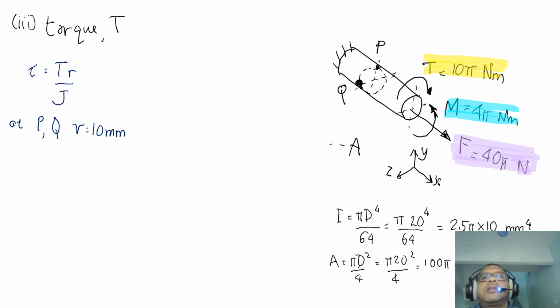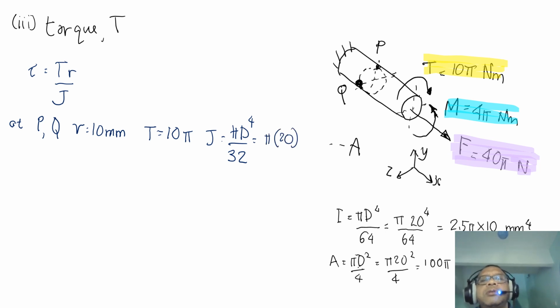Okay, and the torque is the same. Torque equals to 10 pi. And J is pi d to the power of 4 over 32. That's equals to pi 20 to the power of 4 over 32.